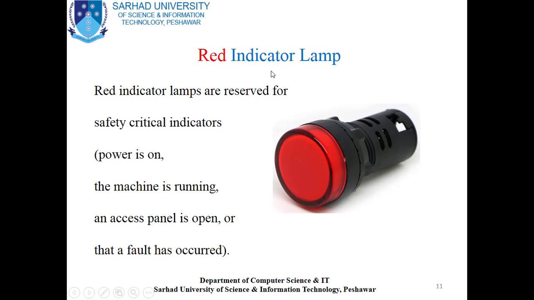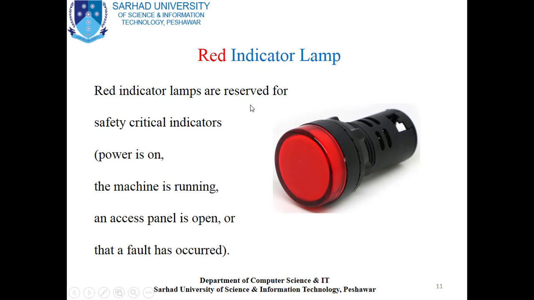Red indicator lamp. Here you can see the red indicator lamp. On this side it has two connections. What is the purpose of a red indicator lamp? Red indicator lamps are reserved for safety critical indicators.